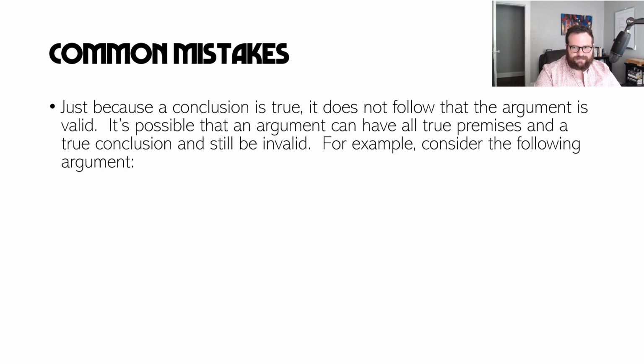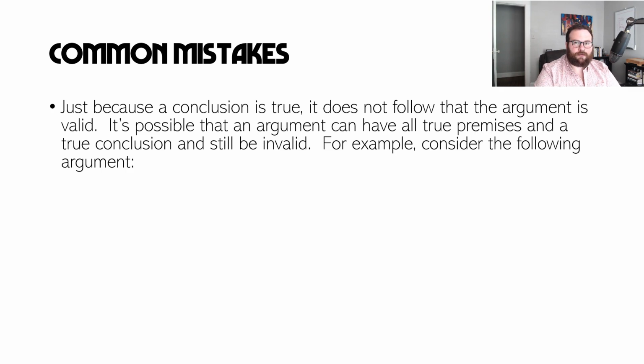So, first, just because an argument has a conclusion that's true, it doesn't follow that the argument is valid. Oftentimes, beginners in logic will see an argument that, quote unquote, looks good, right? It has a conclusion that either they think is obviously true or something they personally agree with, and so they think that the argument must be valid. This likely stems from a confusion of terms.